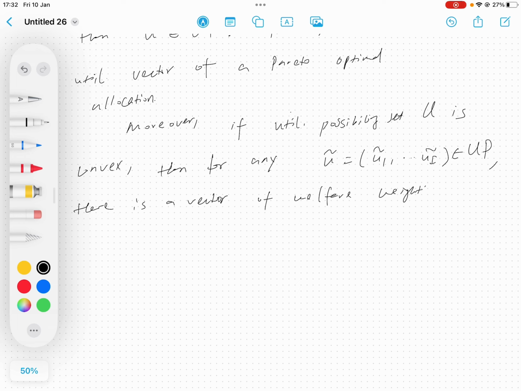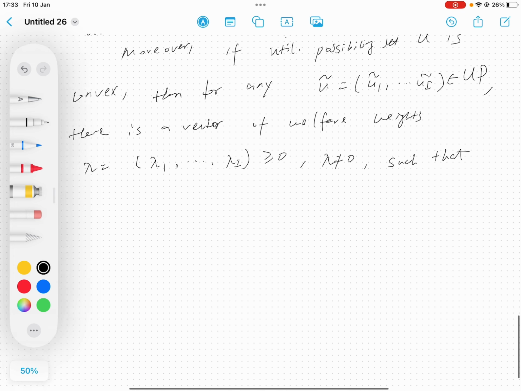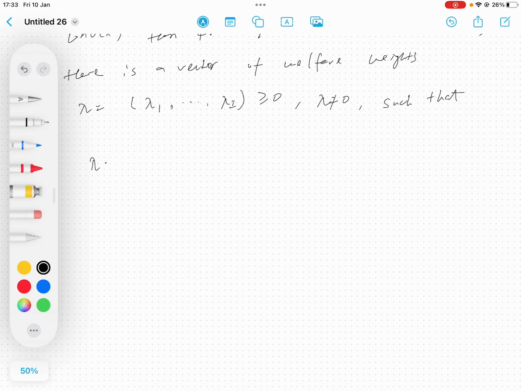This is just saying the other direction. Lambda, from lambda 1 up to lambda I, where this lambda is not 0, and such that lambda inner product U tilde is greater than or equal to lambda inner product U for all U. That means this U tilde is a solution to the problem. Good.